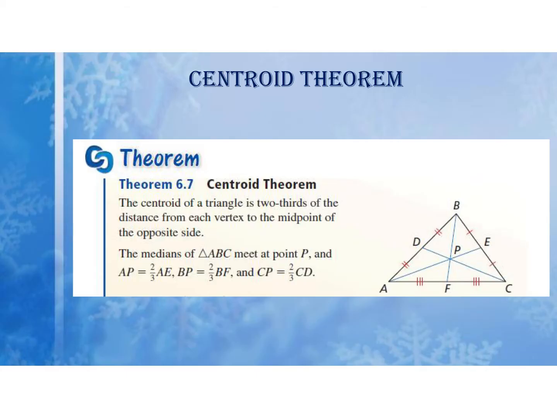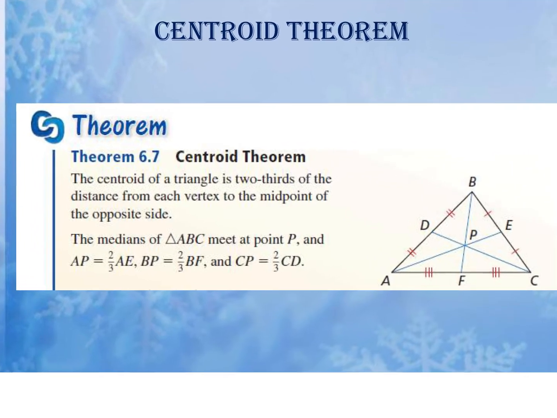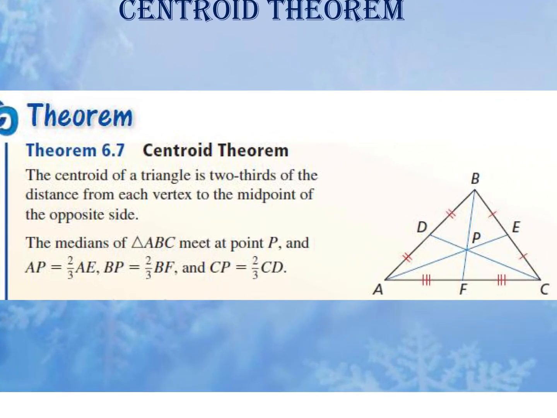The centroid theorem states that the centroid of the triangle is 2/3 of the distance from each vertex to the midpoint of the opposite side. In this figure, the medians of triangle ABC all meet at point P, and point P is our centroid.